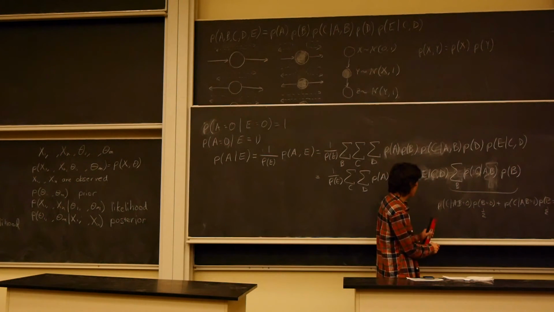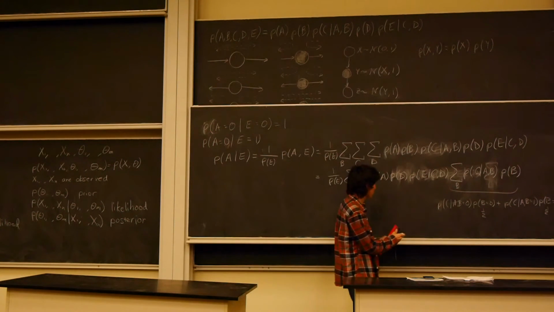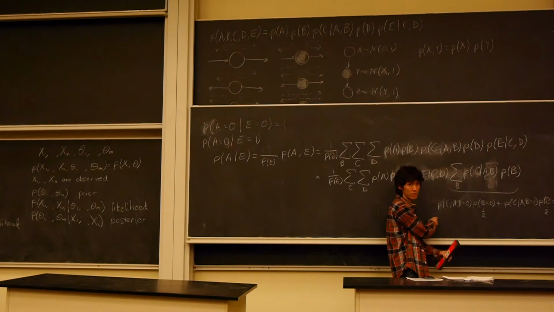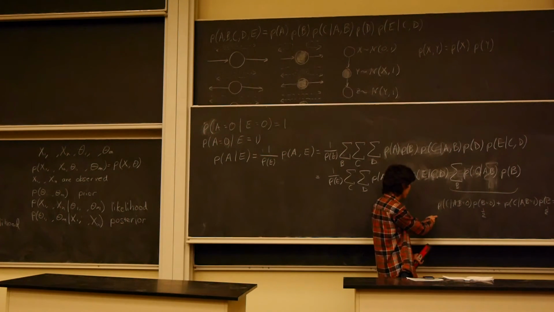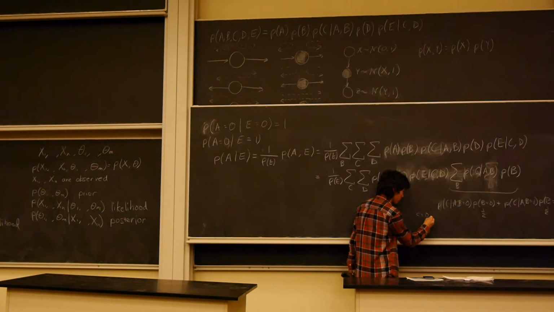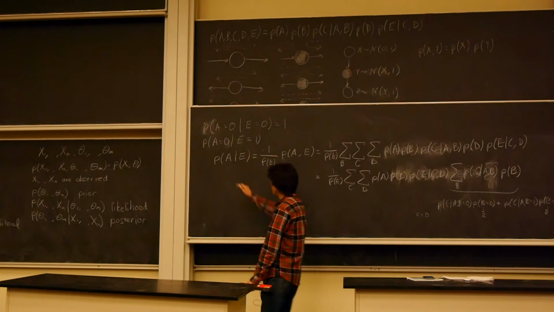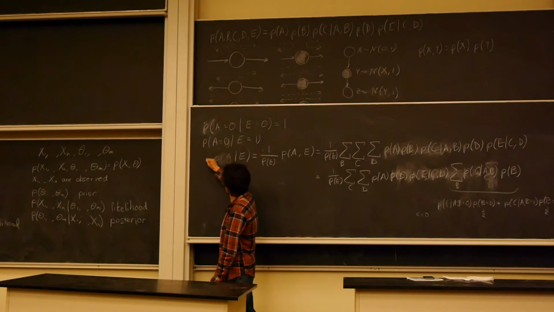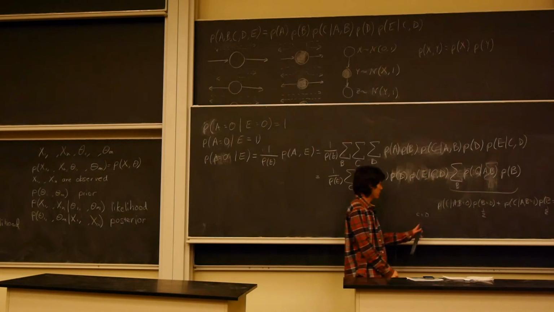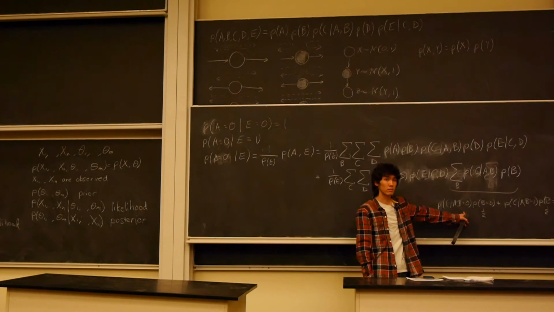So let's compute this for the possible values of C. Okay. So if C is equal to 0, and let's say we're interested in when A equals 0, then this will be the probability that C is equal to 0, given that A equals 0 and B equals 0.